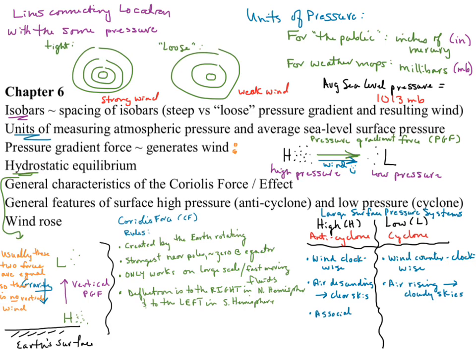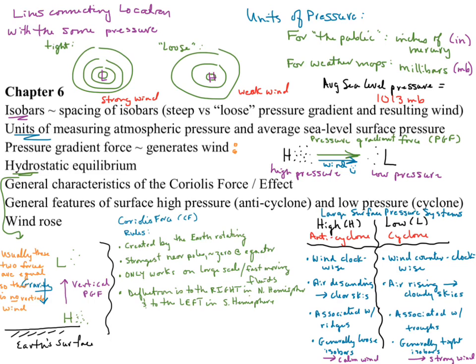In the center of a high, the air is descending or moving down, and that descending air creates nice dry air. Around a central low, the air is ascending or rising. One of the things we talked about earlier is that rising air will expand and cool. So you can oftentimes get cloudiness associated with those central lows, those cyclones.